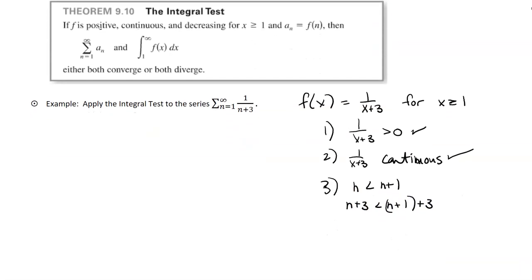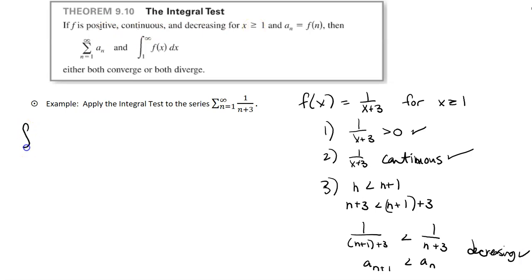So now we know that if we have a larger denominator with the same numerator on top, then the fraction with the larger denominator is going to be smaller. So what we have here then is a sub n plus 1 is less than a sub n. So we have that this thing is decreasing. You need to verify those three things before you use the integral test. So we can use the integral test.